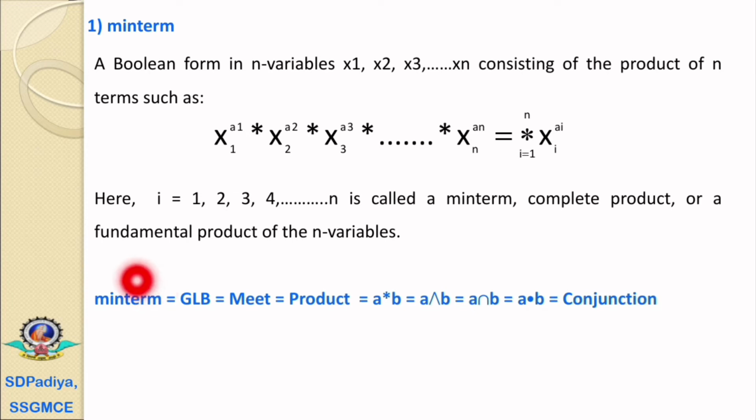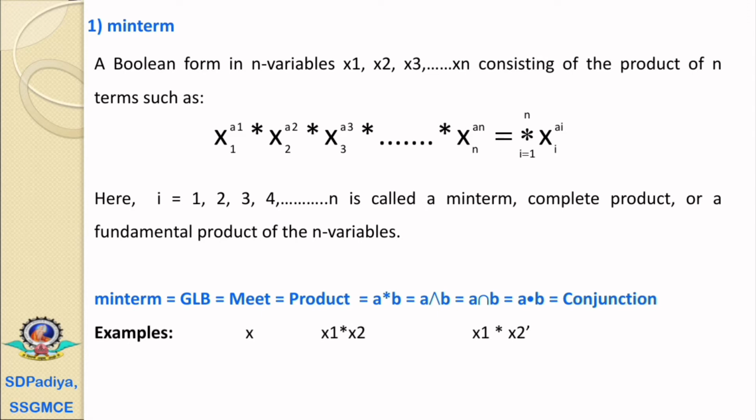A min term means a greatest lower bound in a lattice, also called a meet operation and the product operation. It may be denoted as a star b, a and b, a intersection b, and a product b, and it is similar to the conjunction operation.